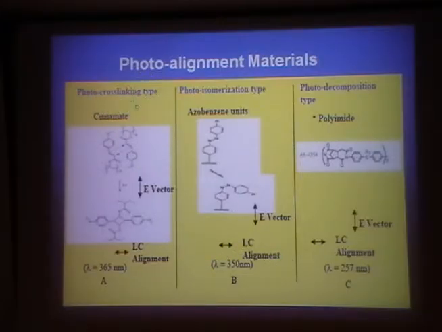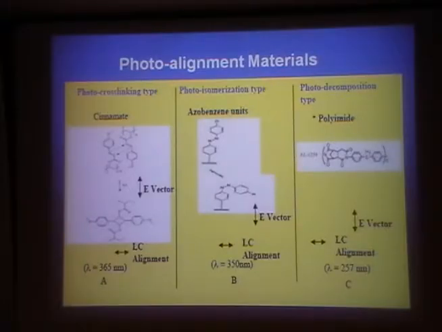One is the cross-linking type, such as cinnamate molecules, which can undergo cross-linking by means of excitation by UV light. Cinnamate historically has been developed as a photoresist for photolithography, and so there are really many cinnamate-related materials that can be used for cross-linking photo alignment materials.